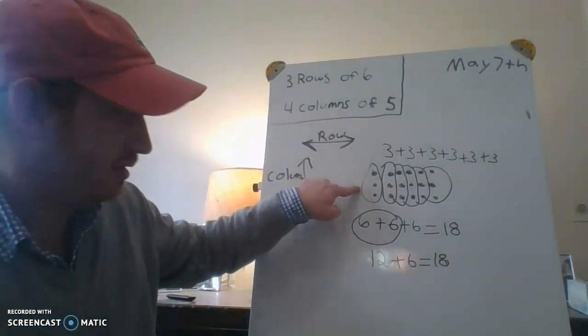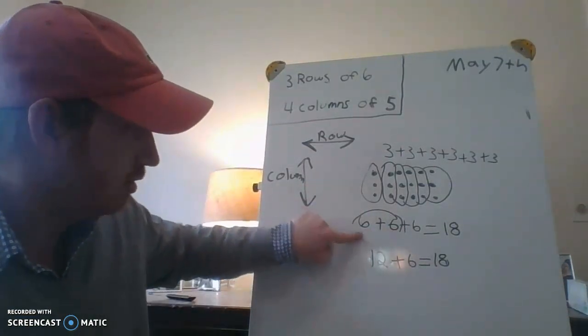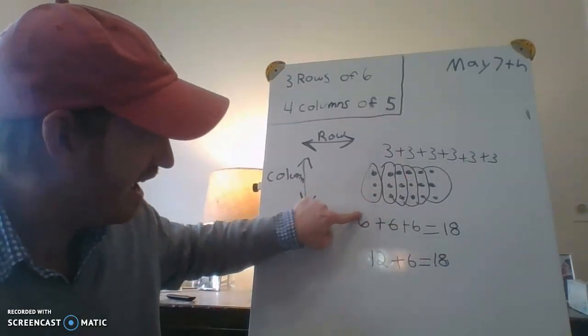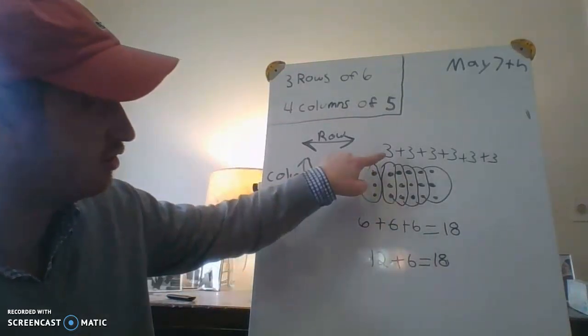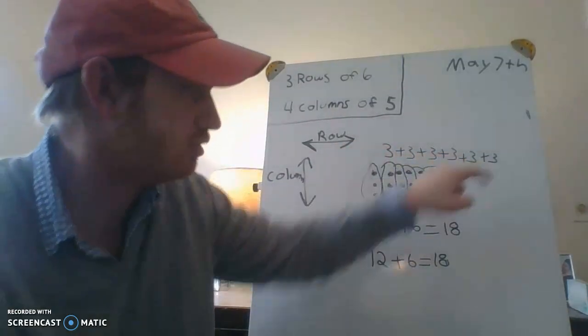So this is the same array. It gave us one repeated addition, 6 plus 6 plus 6, and then it gave us another repeated addition, which is 3 plus 3 plus 3 plus 3 plus 3 plus 3.